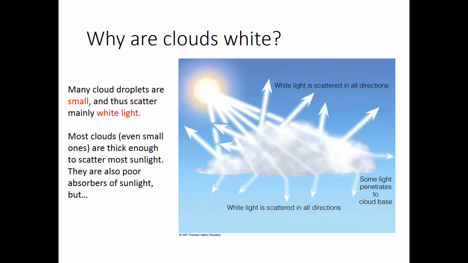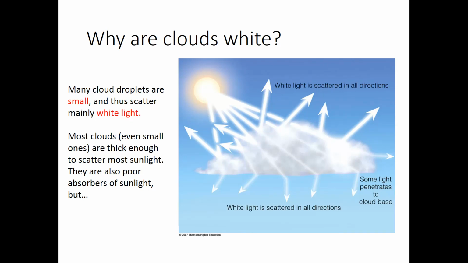Now, with that said, many cloud droplets aren't that big. Believe it or not, most cloud droplets are really tiny. And so rather than scattering all of those individual colors, instead, they scatter them all together, creating white light.